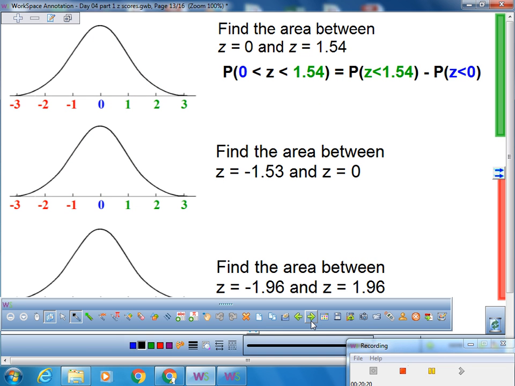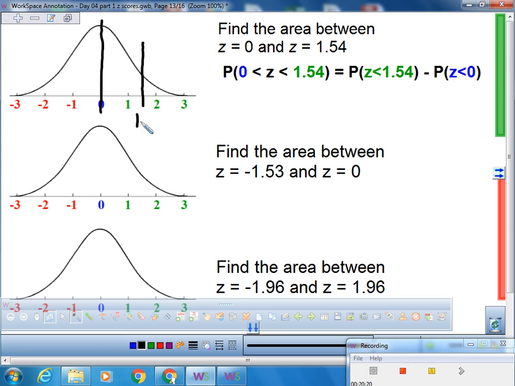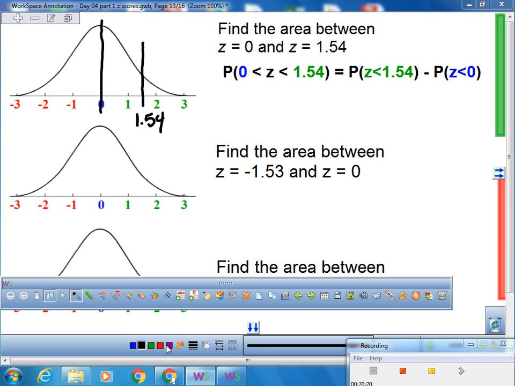One more complicated part. Find the area between two scores. Here are my two scores: the area between 0 and 1.54. I want this area right here.